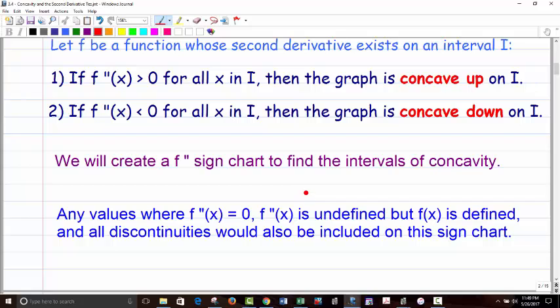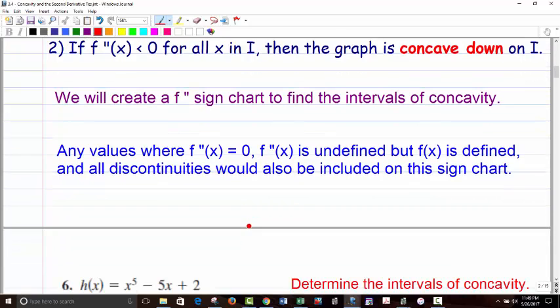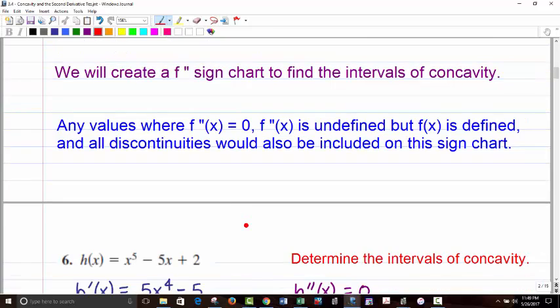They're not called critical numbers for the second derivative, but this is what we want. Discontinuities always affect the flow of any graph, so they have to be included on whether it's a first derivative or second derivative sign chart.